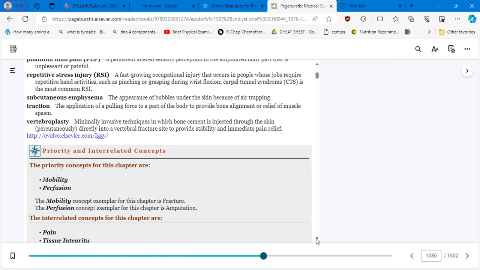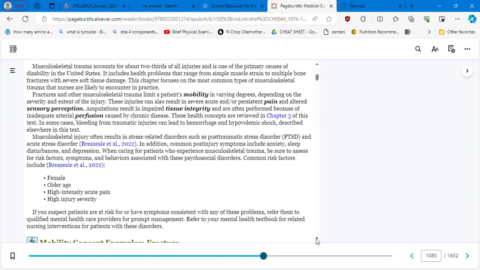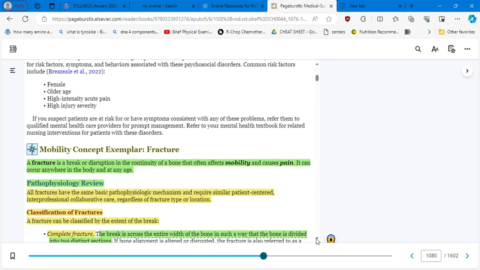So let's start. The first thing we're going to review is fractures, okay? A fracture is a break or disruption in the continuity of a bone that often affects mobility and causes pain. It can occur anywhere in the body and at any age.